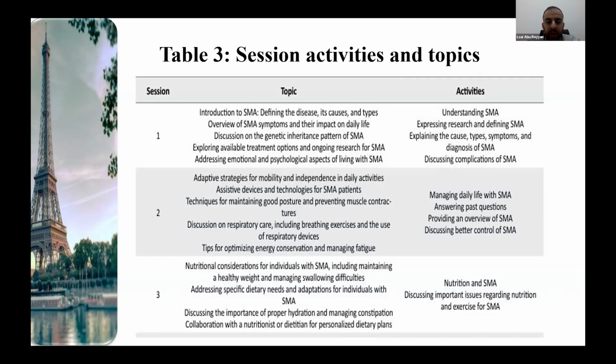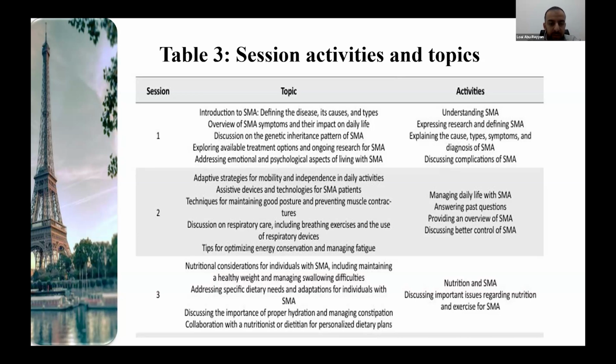Tips for optimizing energy conservation and managing fatigue. The activities were managing daily life with SMA, answering past questions from the family, providing an overview of SMA, discussing better control of SMA.